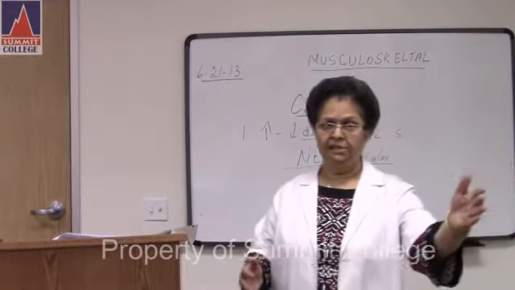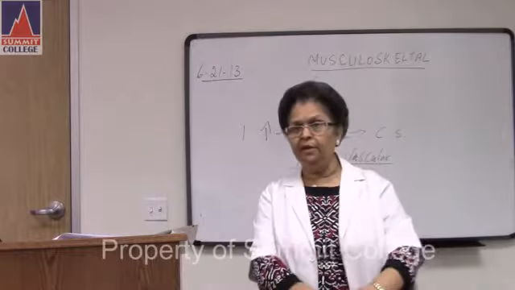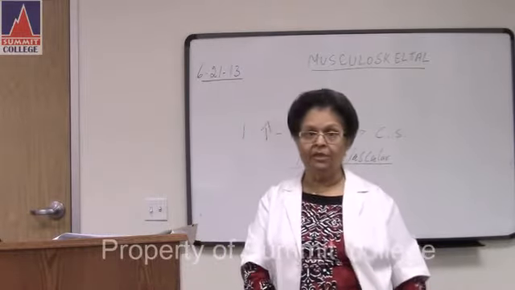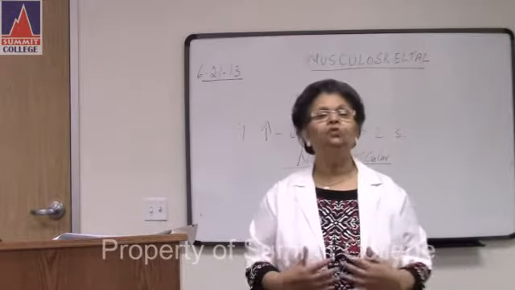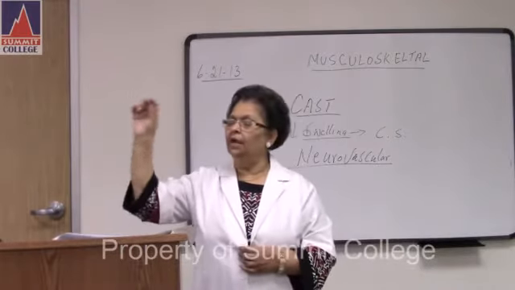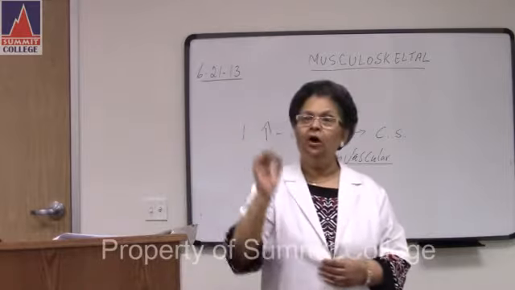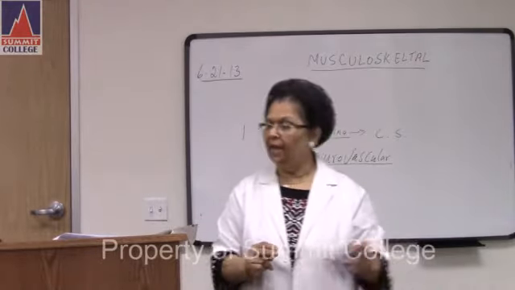The first answer is bivalving. What is bivalving? They're not removing the cast, but what do they do? They cut the cast on the side just to loosen it up so the circulation would improve. Everyone is okay with bivalving? Highlight the words circulation compromise. When you see the words compromised circulation, then we are cutting the cast.